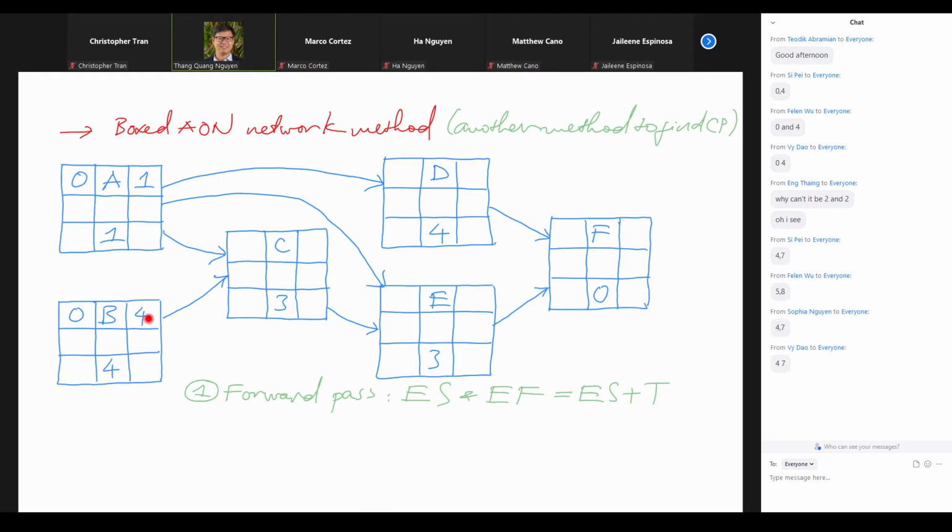Then at what time can we start C as the earliest? Right, it is a point in time. This is not the duration. So we finish A at 1 p.m., we finish B at 4 p.m. Then as the earliest, we can start C at 4 p.m. Right? We don't have to wait until 5 p.m., because here we talk about points in time. So I hope everybody sees that, right?